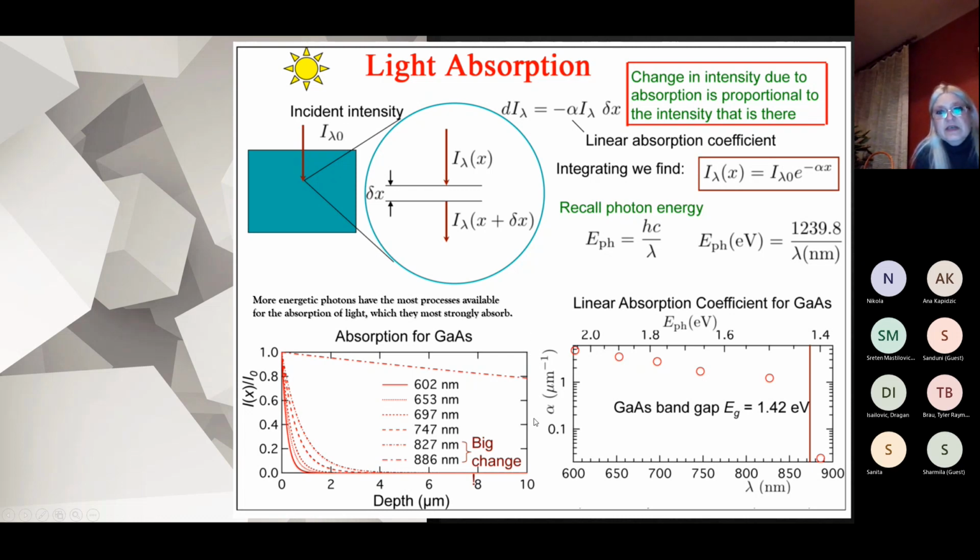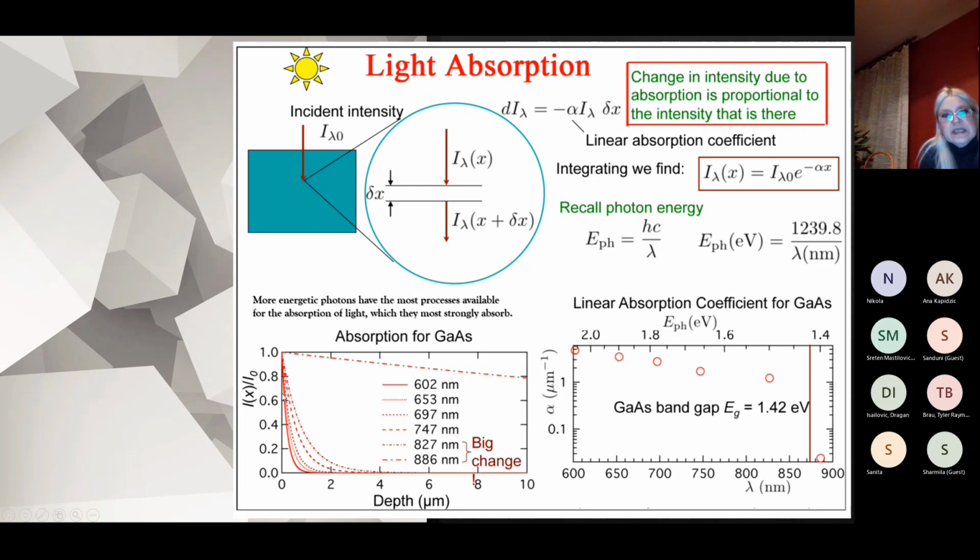On the next slide, we're going to see why that is. I just wanted to say that it might sometimes seem logical to think that if you have a higher photon energy, you'd expect it to penetrate deeper into the matter.